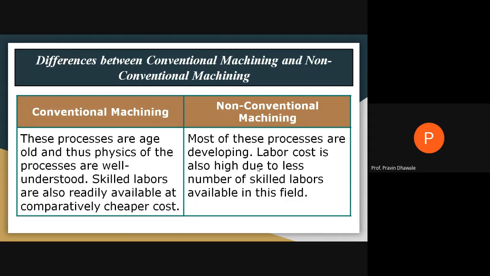We require a number of skilled labor because as the processes are in a developing stage, no one will have mastery in that field of operation. So when you hire such labor, it will require major payments, and ultimately the cost of labor will be high in case of non-conventional machining, right?